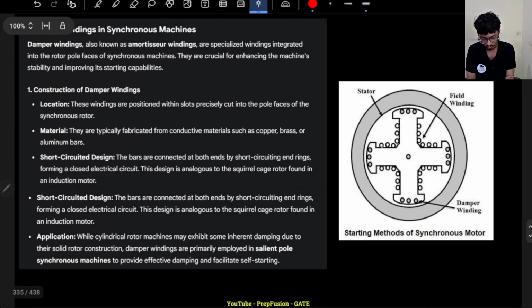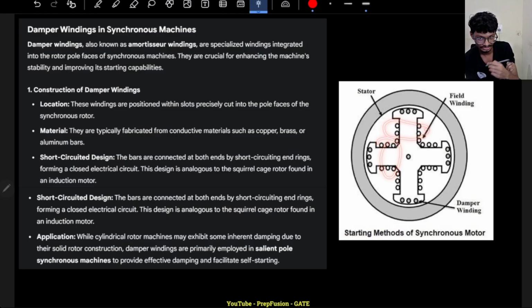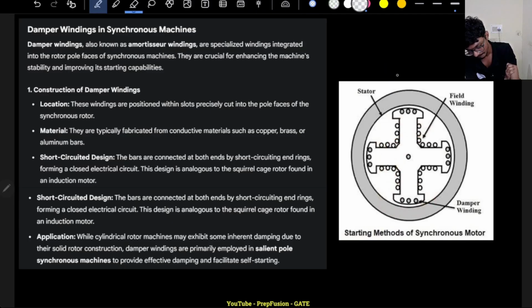Damper windings will be placed on the rotor poles. This is my field winding that will be placed just on the side of the poles, and this will be my damper winding. Damper windings are nothing but short-circuited rotor bars.